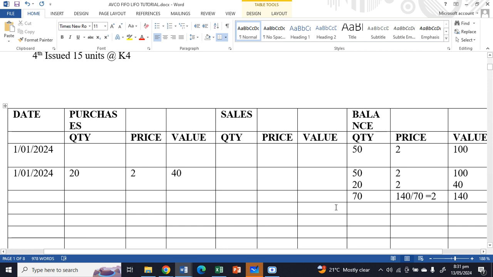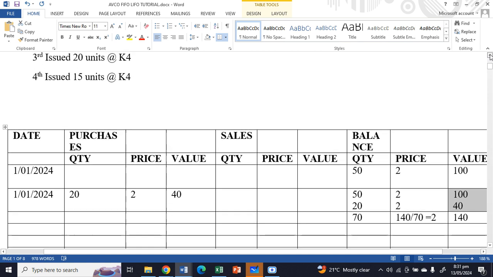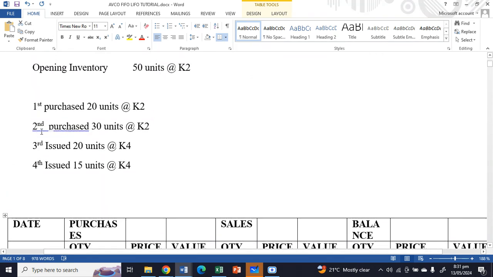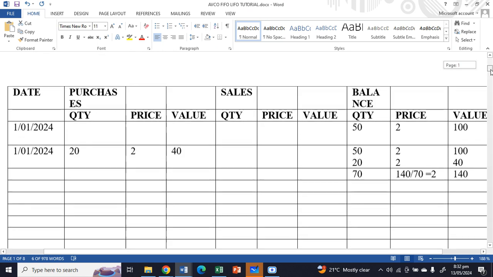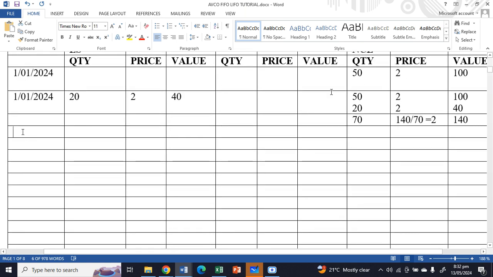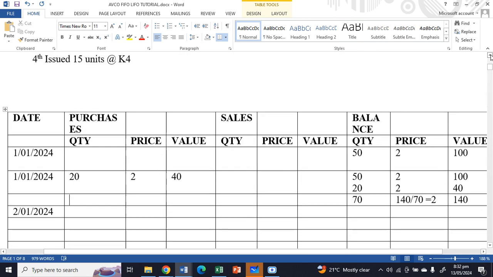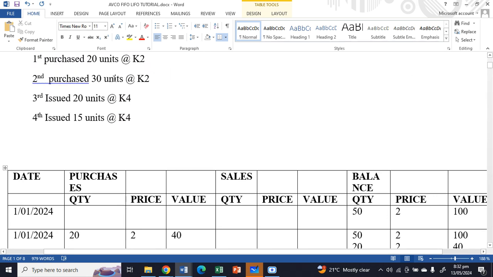All right, then we need to go to the next transaction. On the 2nd, we purchased 30 units at 2 kwacha per unit. So we're going to record here on the 2nd of January. We purchased 30 units at 2 kwacha per unit.